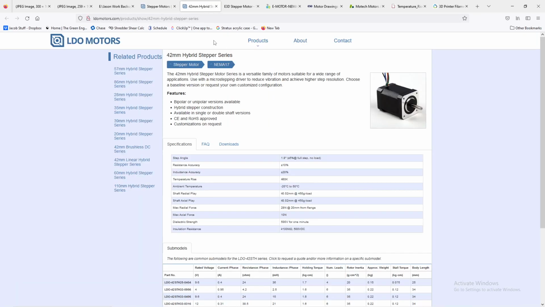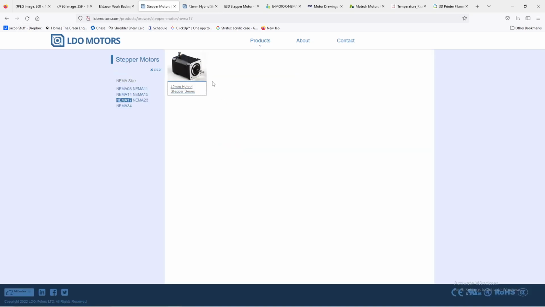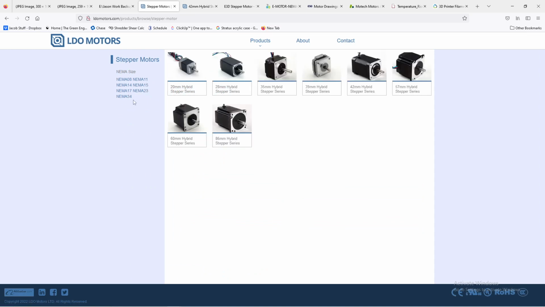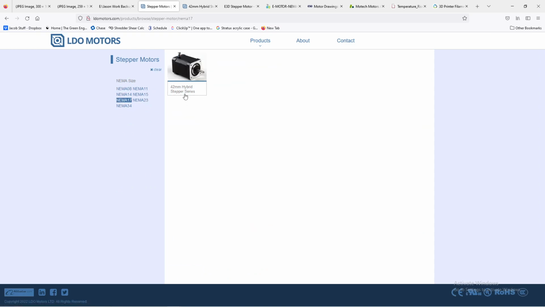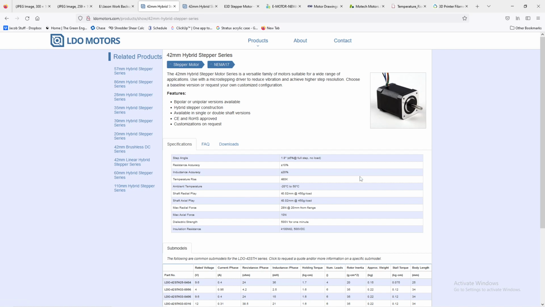And you can see here that if you go to their website, LDO, and you type in 42 millimeter stepper drivers, which are NEMA 17s, right? So NEMA 17s here, they sell the 42 millimeter. The 42 millimeter is the length, right?